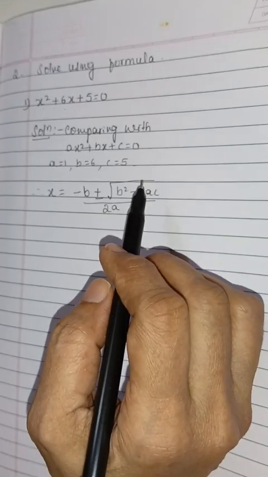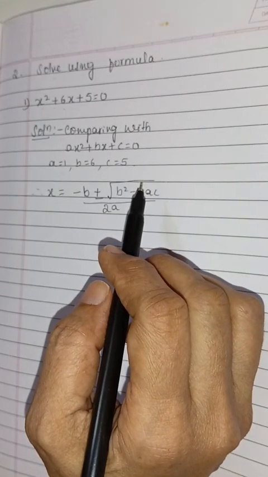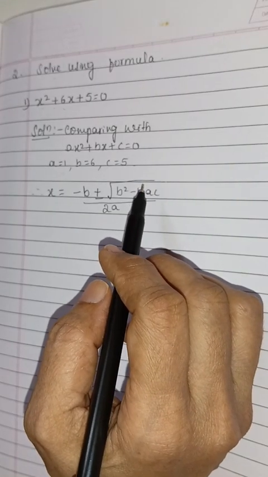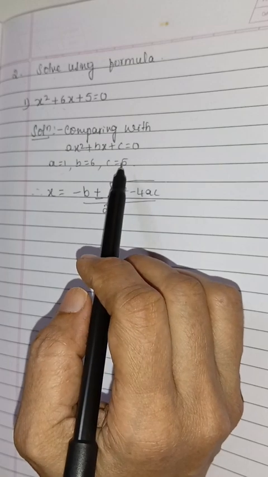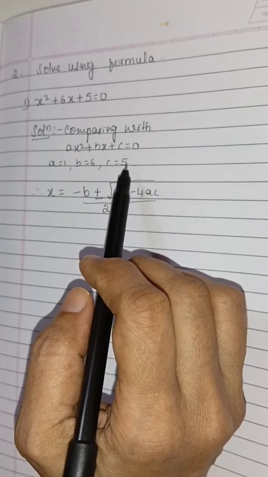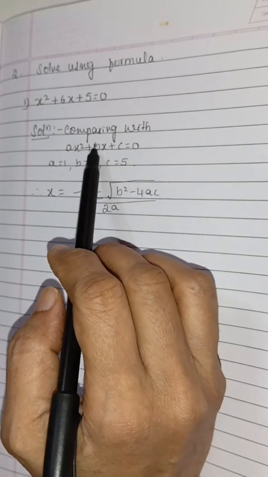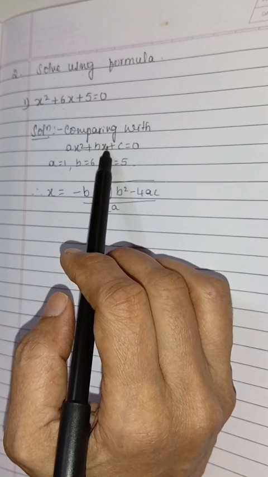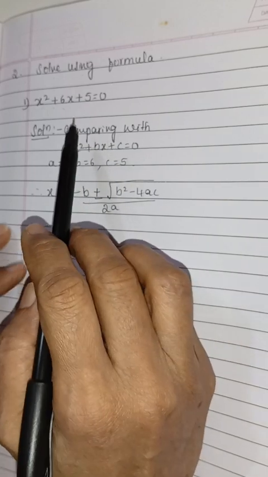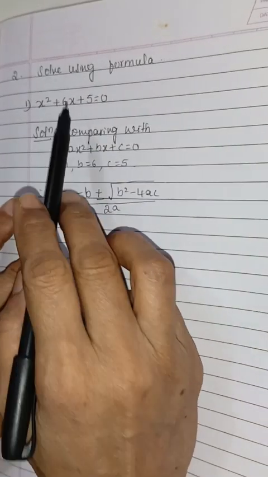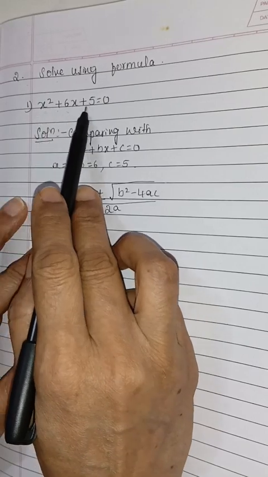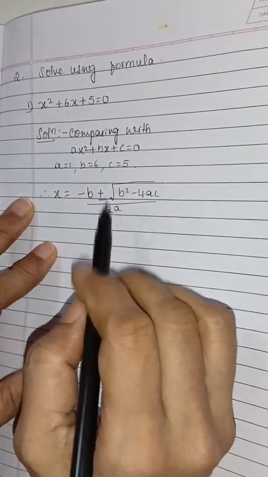Okay. First we have solved many problems by factorization method, and in practice set 2.3 we have solved many quadratic equations by completing the square method. Here we have to solve this quadratic equation by using formula. Okay.